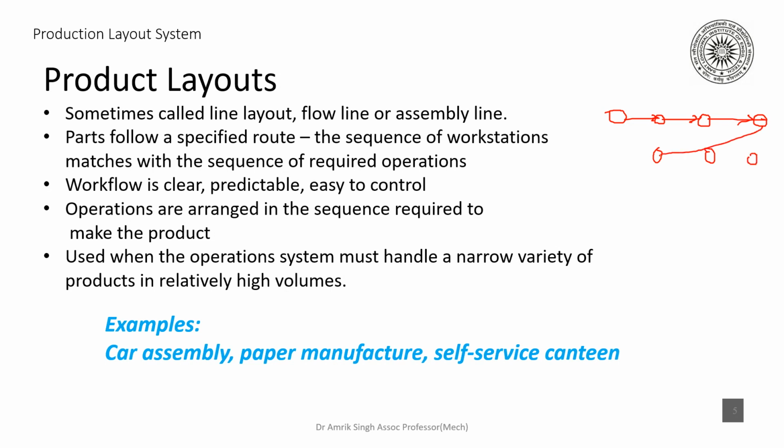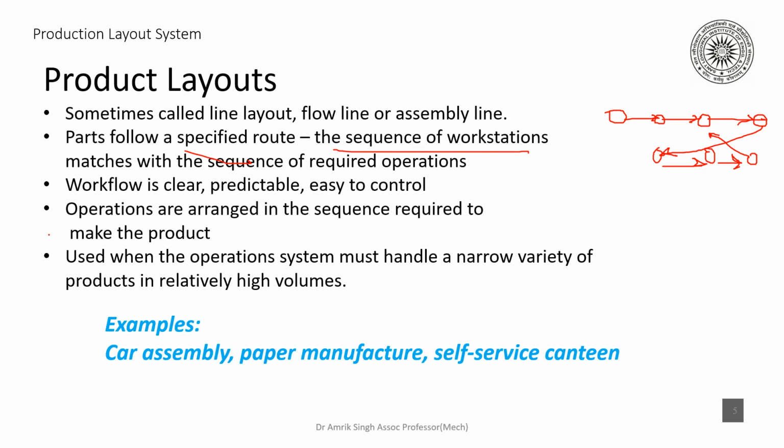So from here it will go here and then again here, and from here again it might go to the other machine. So that means a sequence. So a specified route and a sequence of the workstations is important, which matches with the sequence of the required operations.